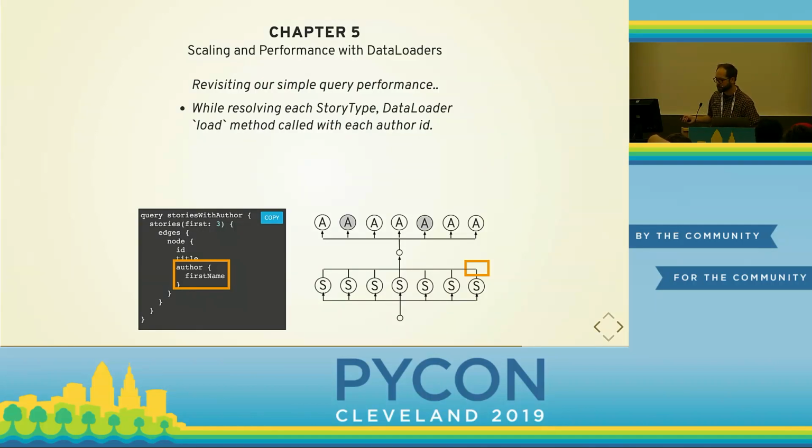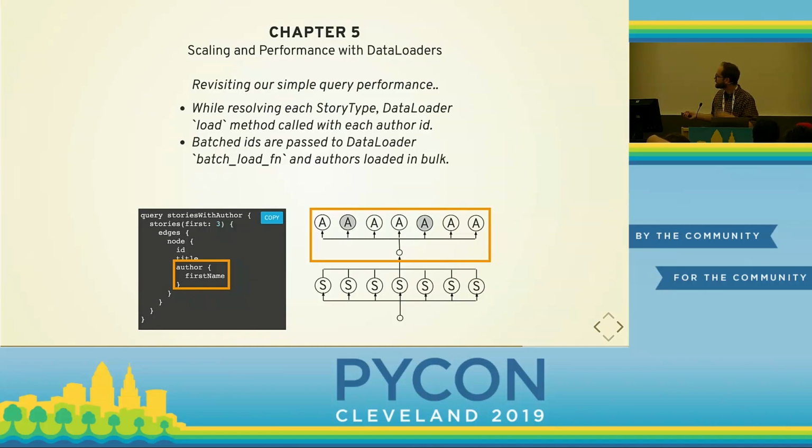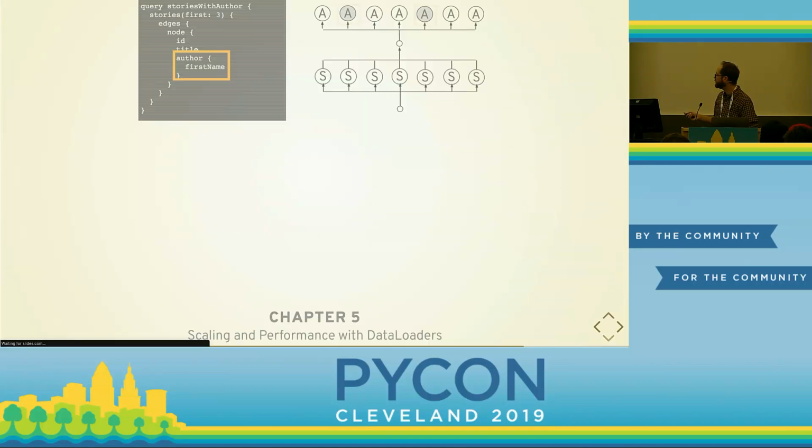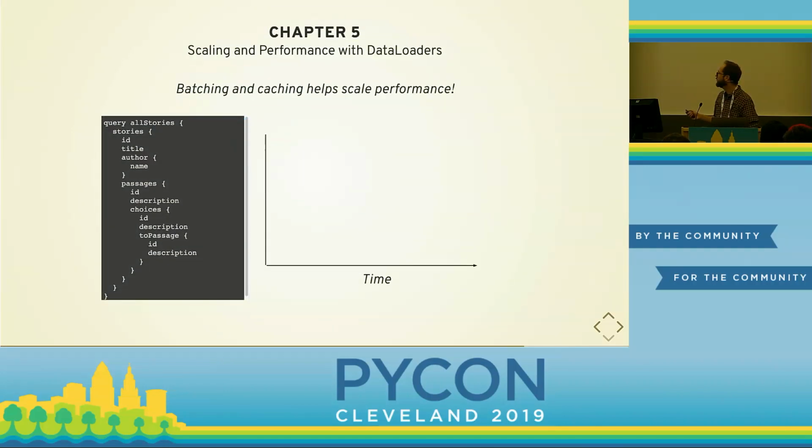Now, DataLoader is going to resolve that all at once by calling the batch load function and loading all the authors in bulk. If there are duplicate authors, we'll only fetch them once, even when they're used in multiple stories. That's a pretty huge change, and we'll get a much larger boost in performance to our queries.